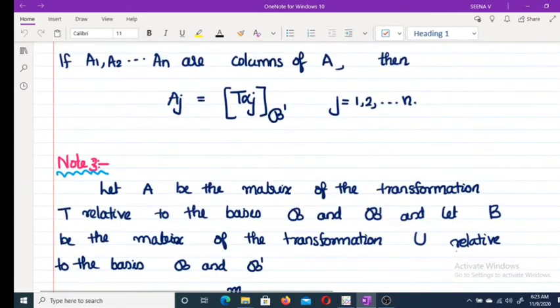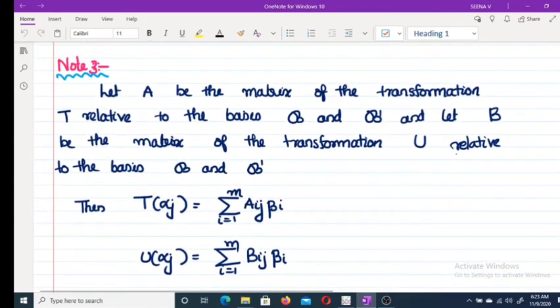Okay, now there is another note. Let A be the matrix of the transformation T relative to the bases B and B dash, and let B be the matrix of the transformation U related to the bases B and B dash. Then T alpha j is equal to sigma i equal to 1 to m, Aij beta i, and U alpha j equal to sigma i varies from 1 to m, Bij beta i.